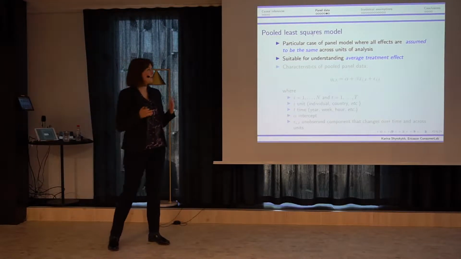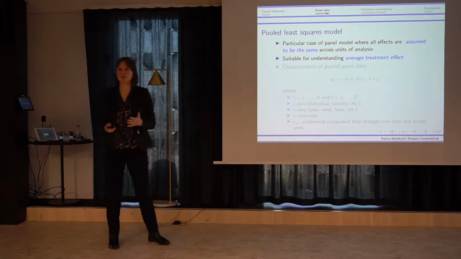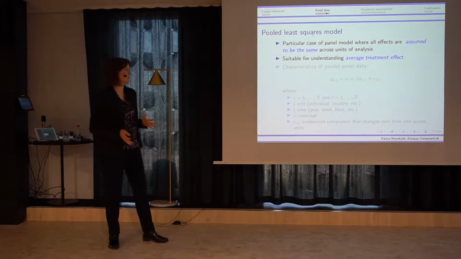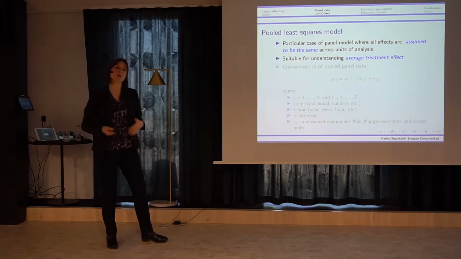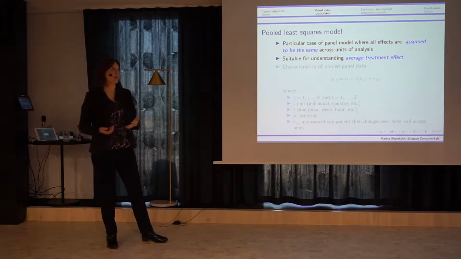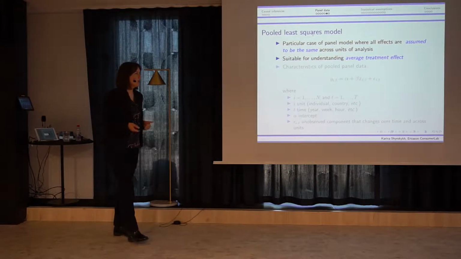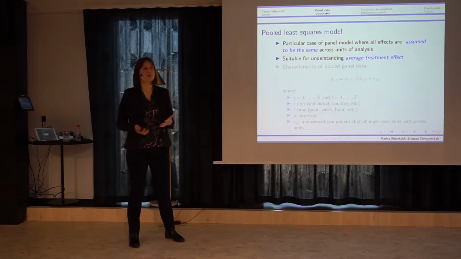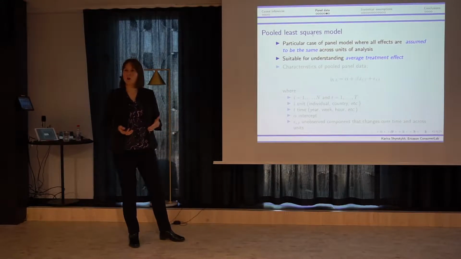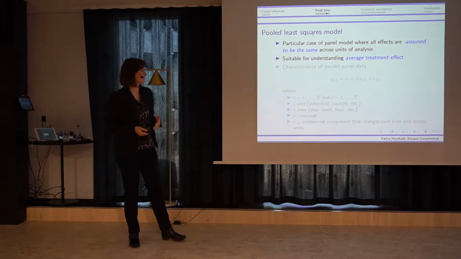Therefore, testing the statistical assumptions is very important in these settings. But when we have a pooled model, we assume that effects of smoking will be the same on everybody. So this model is a good case for trying to understand the average effect of a treatment variable.